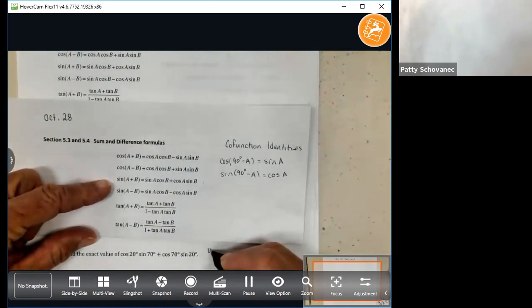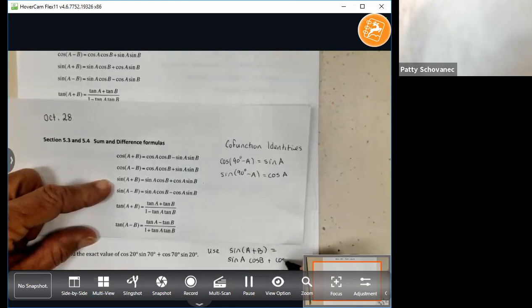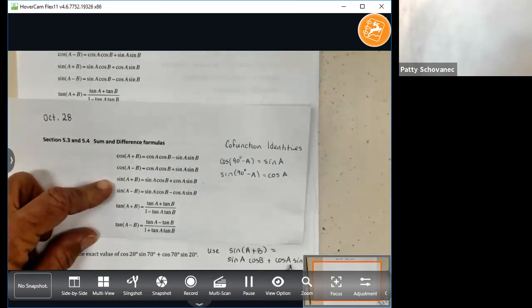So I'm going to use the sine of A plus B is sine A cosine B plus cosine A sine B. So in our example, one of them is 70, one of them's 20. It doesn't matter which one. And we're going to take it from the right-hand side and express it in a condensed form as the left-hand side.